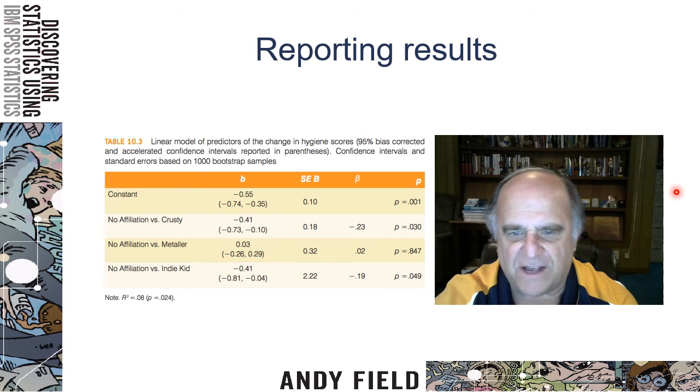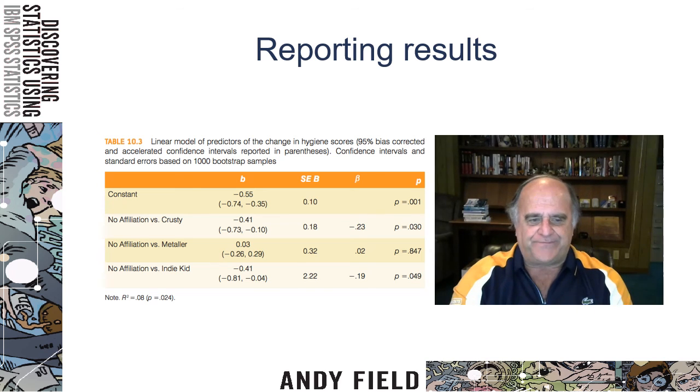Sorry for cutting this off at the bottom, but basically again he reports each of his category variables, the B's and the betas. He reports the R-squared down at the bottom. So again, you can take a look at that in the book.